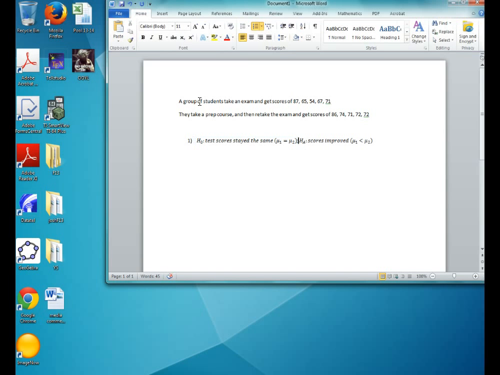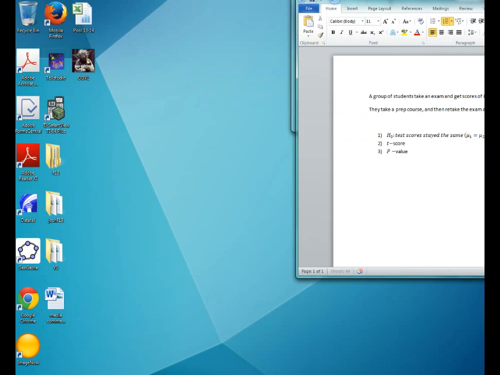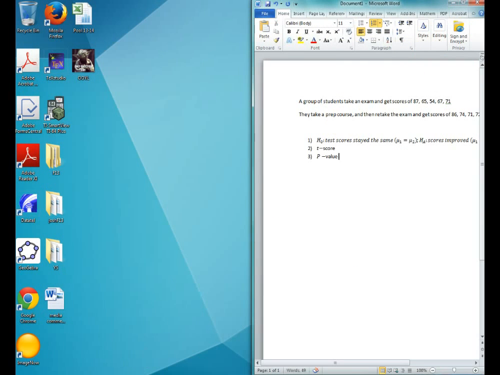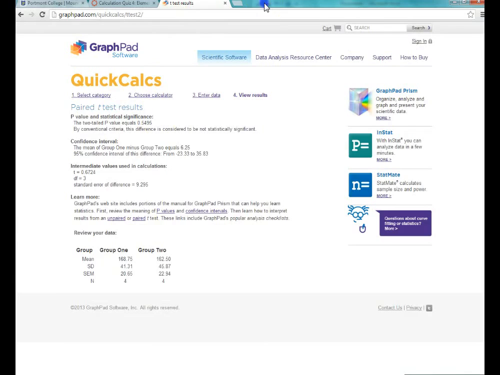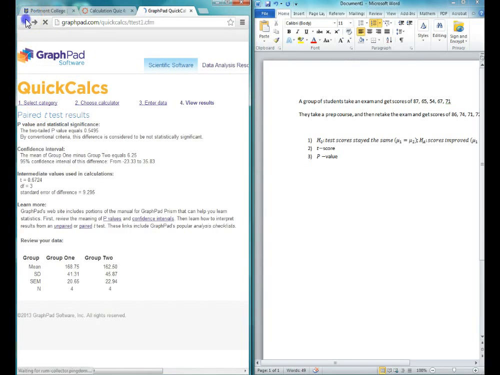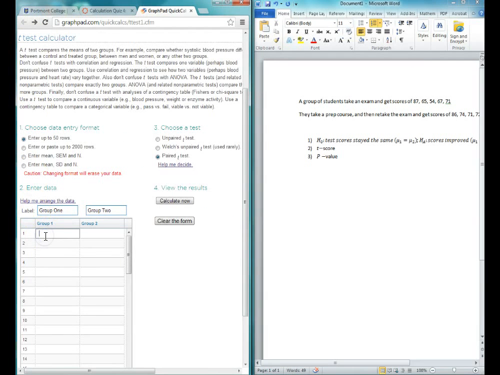Okay, getting the idea. So now we go through and try to run the test. Let's say we run the test and we need to find a t-value, t-score, and then we're going to find a p-value. Let's go run these. Open up the calculator that we had, and the first group, the before scores, were 87, 65, 54, 67, 71.